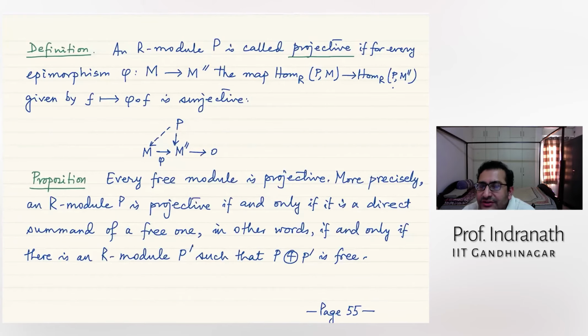Sir, you are creating a map M0 to N0, right? Yes. The guarantee of existence of F0 is coming from the projective property of M0. So if you don't have that surjective map, then from where to where?